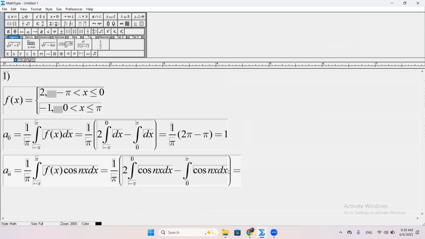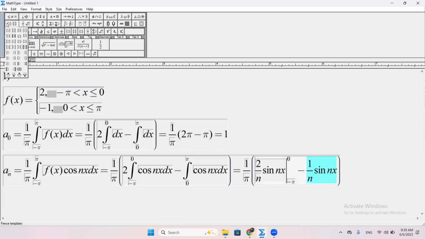So what will I receive? 1 over p for the first, 2 over n sine of nx with the substitutions from minus p to 0, and minus 1 over n sine of nx with the substitutions from 0 to p.